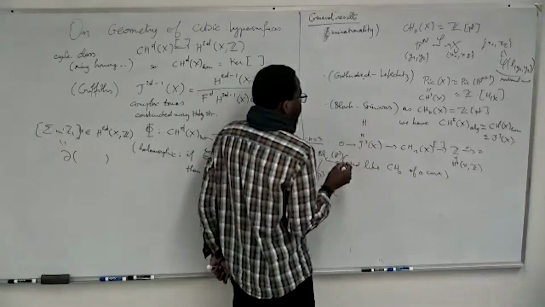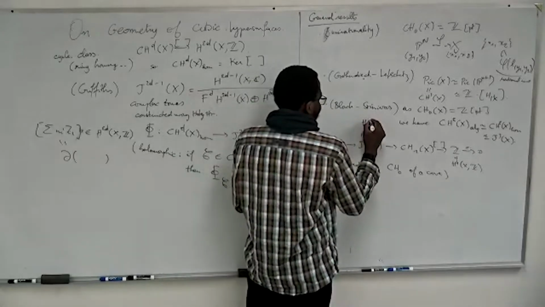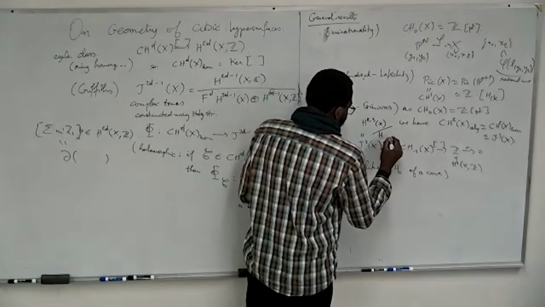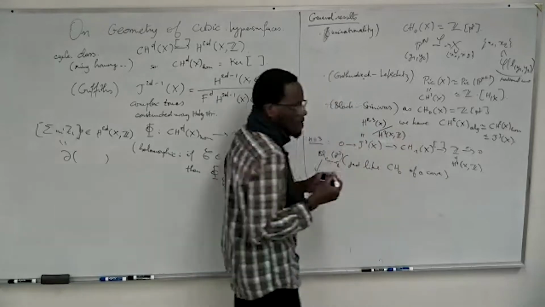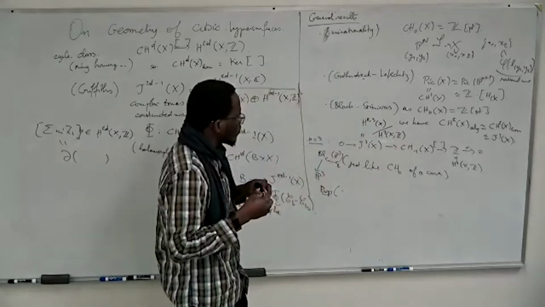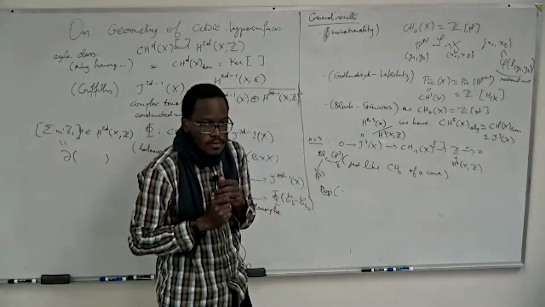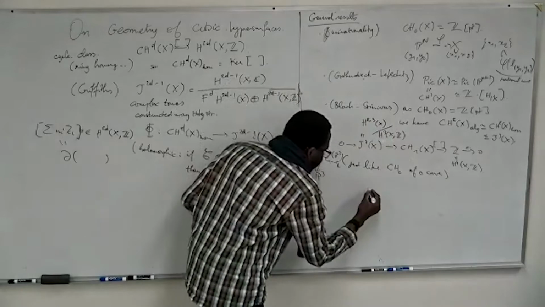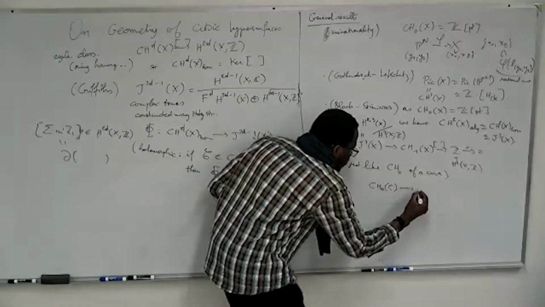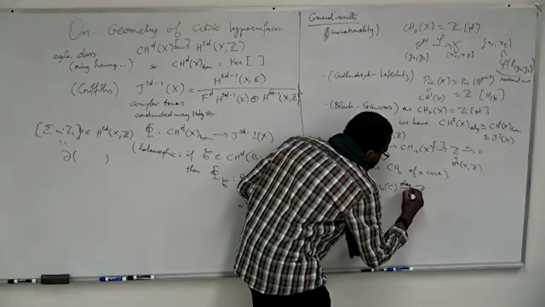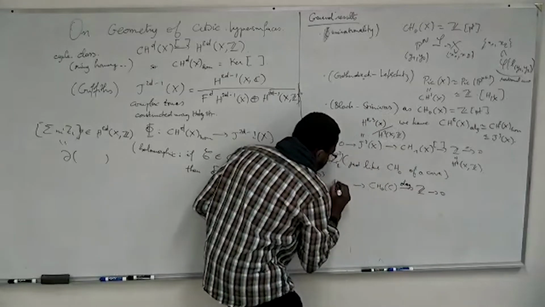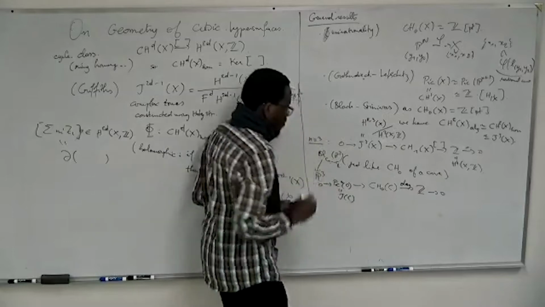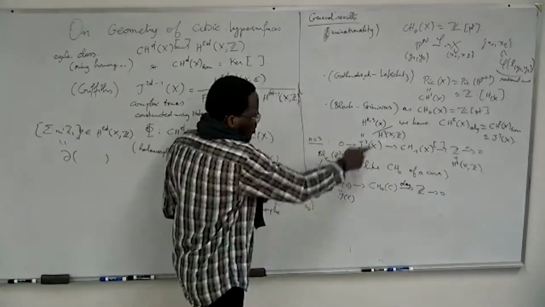So it boils down to this complex torus. It's like in the case of curves, where one has the degree map, and the kernel is the Pic zero of C, or the Jacobian of C. That's why I say that it is curve-like.